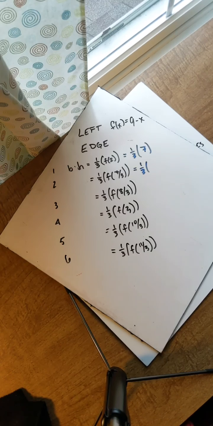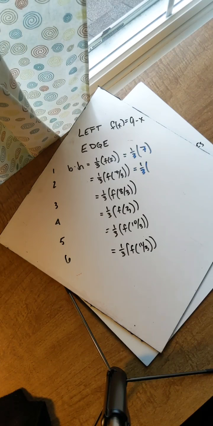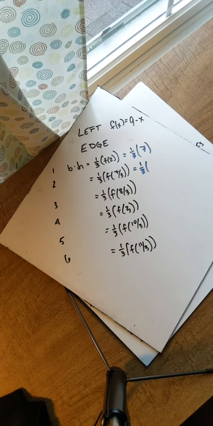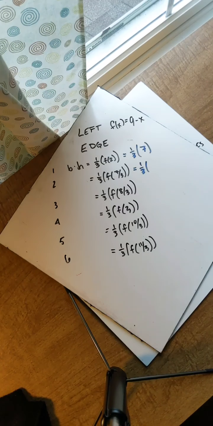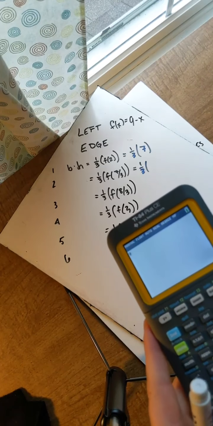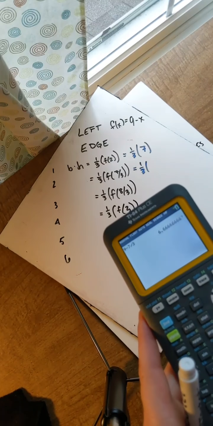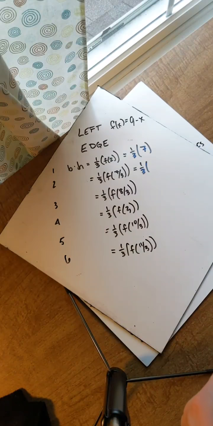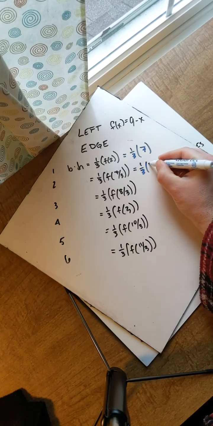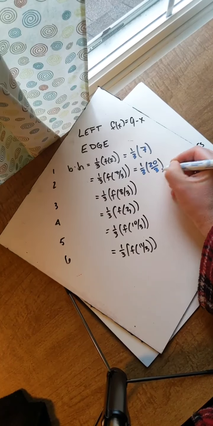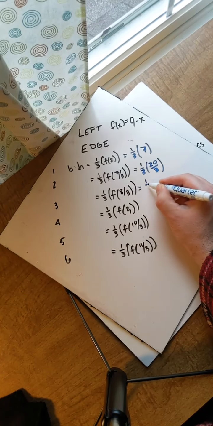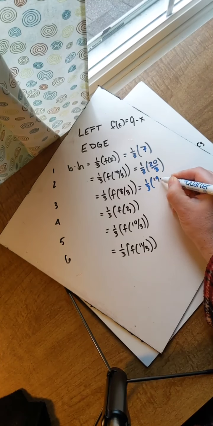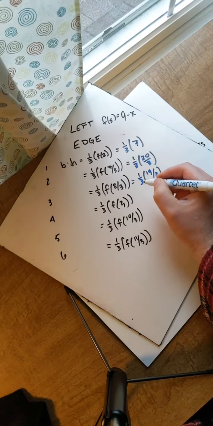I could just grab a calculator, which I'm going to. Distance learning, my brain isn't working as well. If it's in the classroom, okay, 9 minus 7/3, enter, 20/3, because that was 27/3 minus 7/3, which is 20/3. Well, guess what? The next one's going to be 1/3 times 19/3.